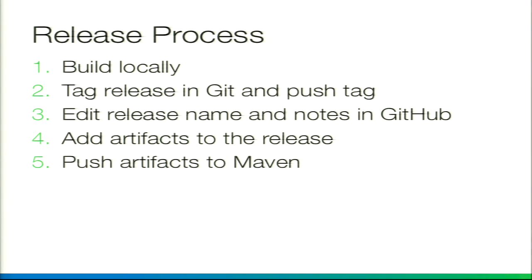But as I said, we're bringing in Maven for this to get more consistency between these local builds. So you build the new release. You do that locally right now. You tag that in the Git repo. So that'll be v something. That'll be the tag. You push that tag up to GitHub.